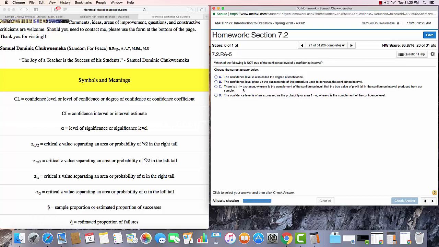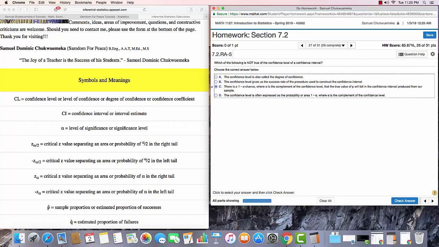So let's look at D though. D, the confidence level is often expressed as the probability or area 1 minus the significance level, where alpha is the complement of the confidence level. That is the significance level. So the answer is C. We don't say there is 1 minus alpha chance.